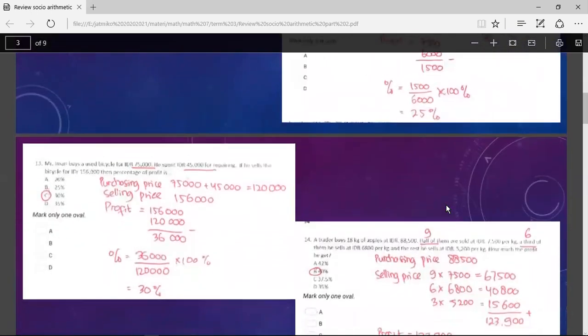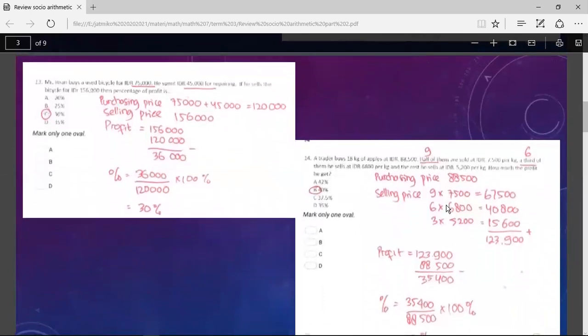Okay, we can continue to the next number, number 3. Pak Iman buys a used bicycle for 75,000, and then he spends 45,000 for repairing. We count it together as the purchasing price, so it is 120,000.